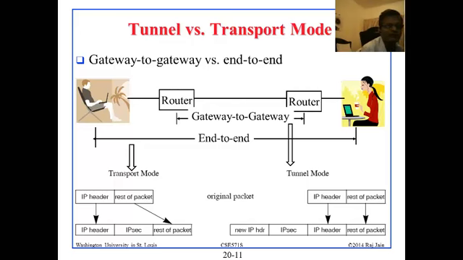When you are doing VPN from home, you are actually using transport mode because your computer is running one end of the VPN and the other end is at whatever host you have VPN to. Whereas if you work for a company and you are sending a packet, let's say from Seattle to St. Louis, I'm taking the Boeing example. In that case, you probably are not doing any VPNing, but Boeing is doing it for you, and that would be tunnel mode.